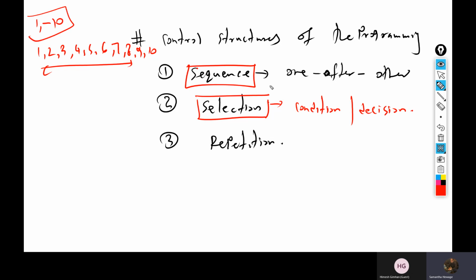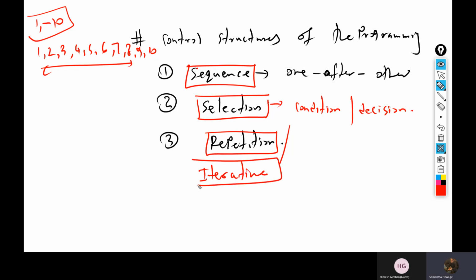That is called sequence, for example. Here there's another one, repetition. Another technical term I can say, repetition or iterative. Some advanced word, iterative, you just know.